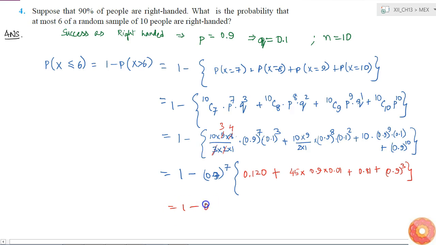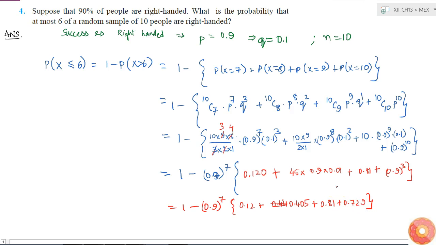So this is equal to 1 minus 0.9 to the power 7 into [0.12 plus 45 into 0.9 into 0.01, which is 0.45 into 0.9, which is equal to 0.405, plus 0.81, plus 0.9 cube, which is 0.729].